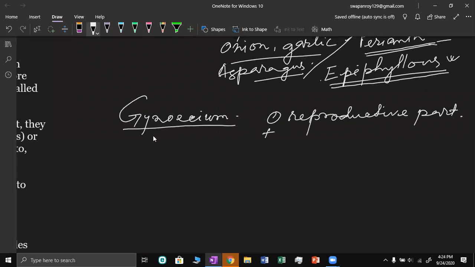Each gynoecium is made of one or more carpels.